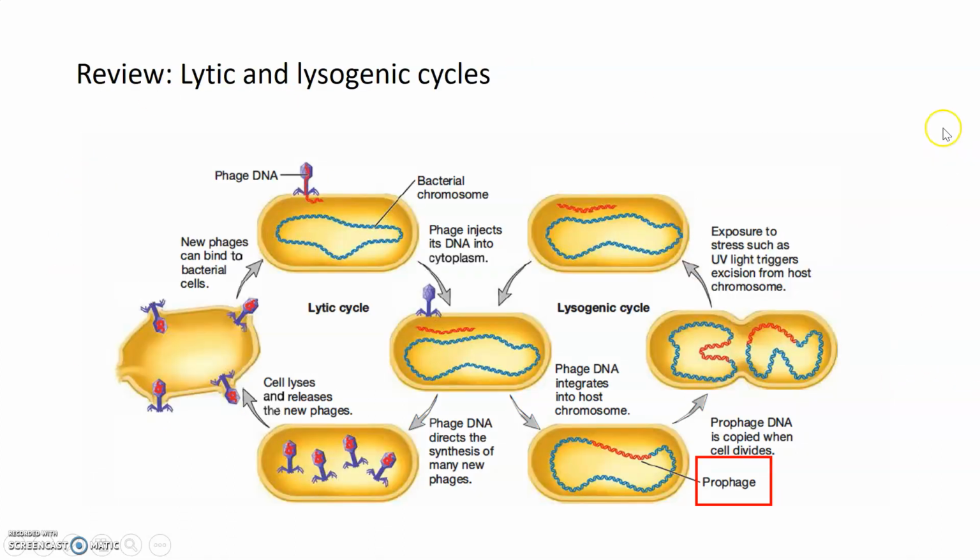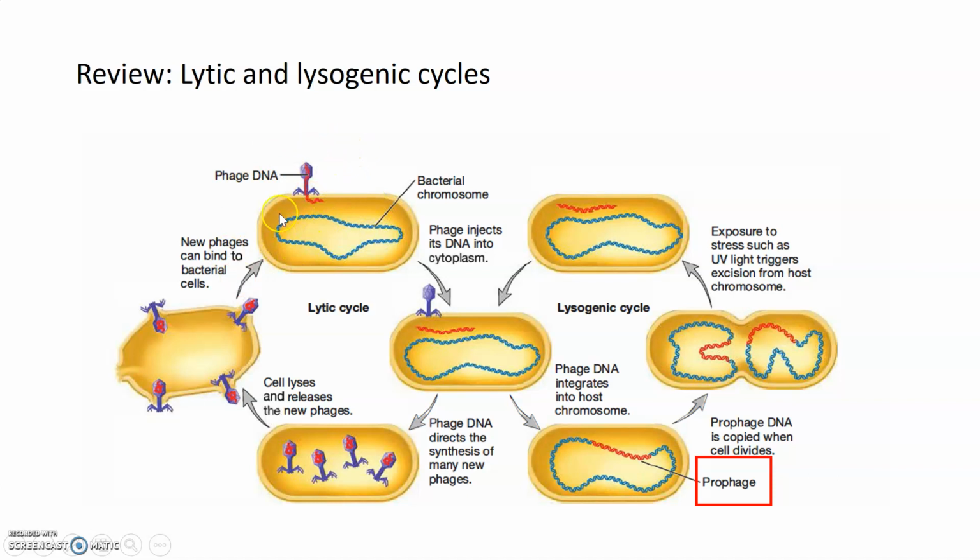And so just to review the lytic and lysogenic life cycles of viruses, bacteriophages, or viruses that infect bacteria, can have two options in terms of life cycles and infecting their bacterial host cells.